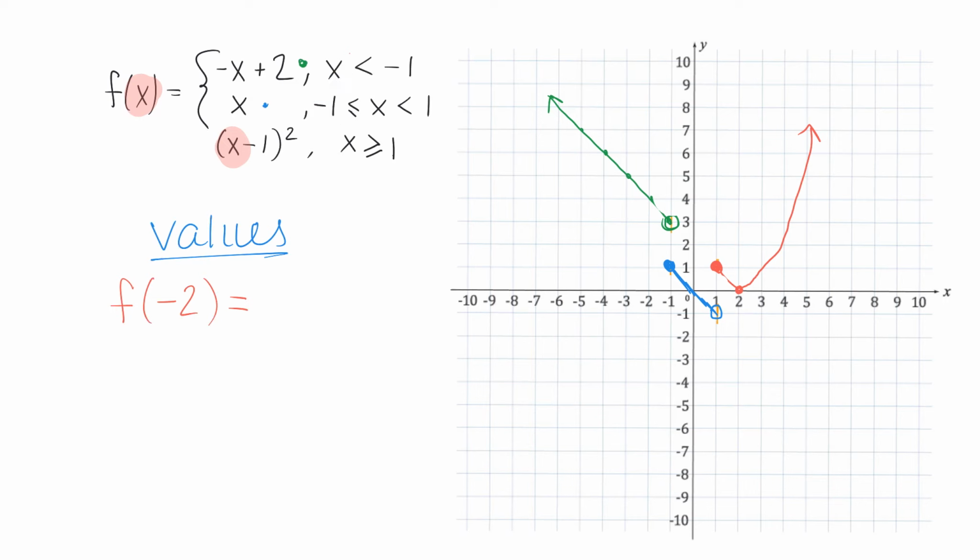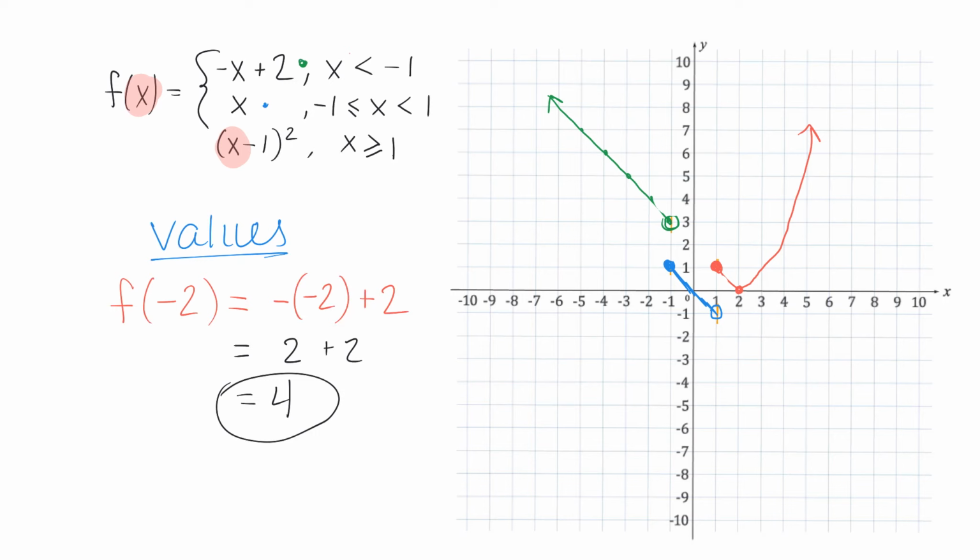Yes, it is. Okay, so we're going to use that function. So we're going to say -2 plus 2. Remember, you're putting your negative in for x. So -2 is 2 plus 2, which is 4. So f of -2 is 4.